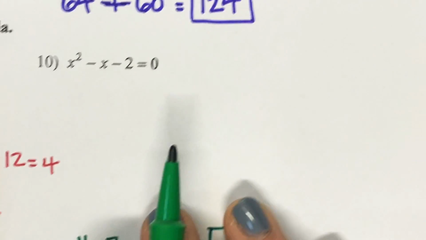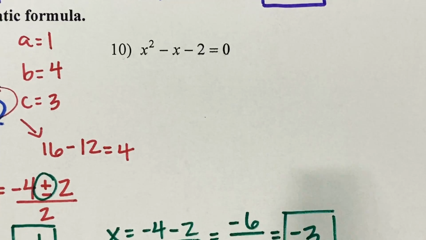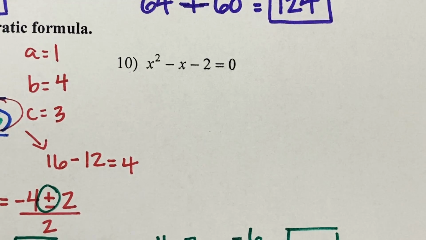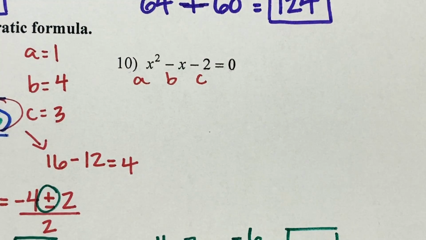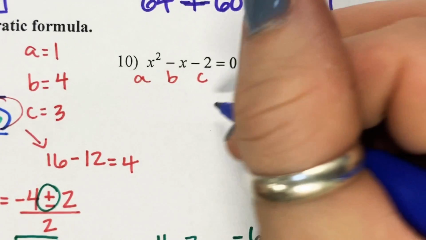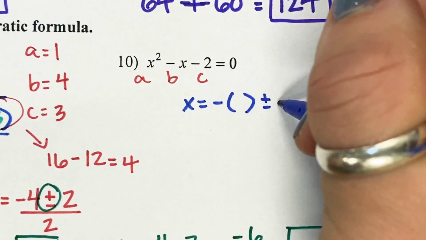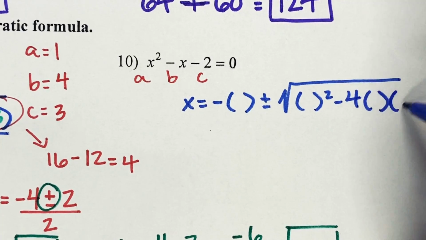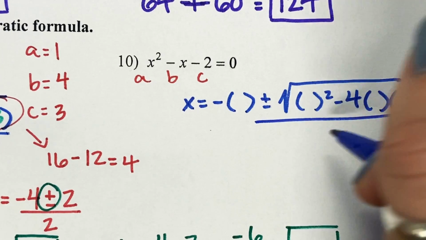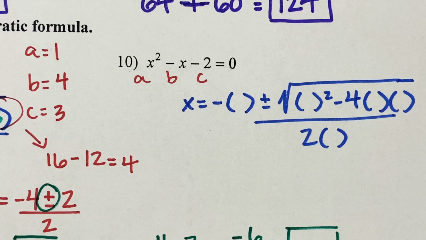Let's do one more. Okay, even though we kind of ran into its space, that's okay. So we're going to identify A, B, and C. Okay, I'm going to fill out my formula. X is equal to -b plus or minus the square root b squared minus 4 times A times C all over 2 times A. Okay, so let's go ahead and fill in these spaces. -b comes first.